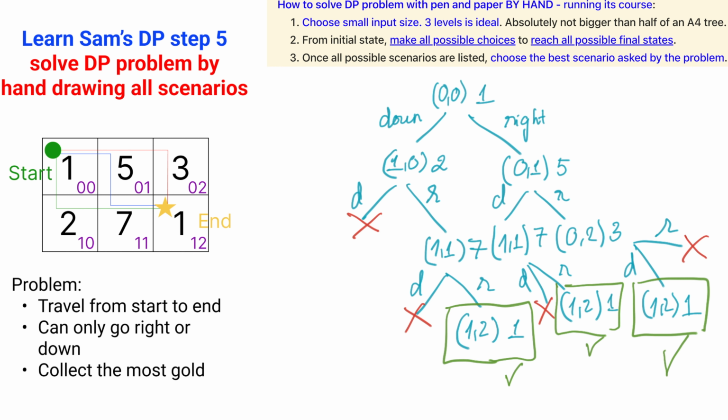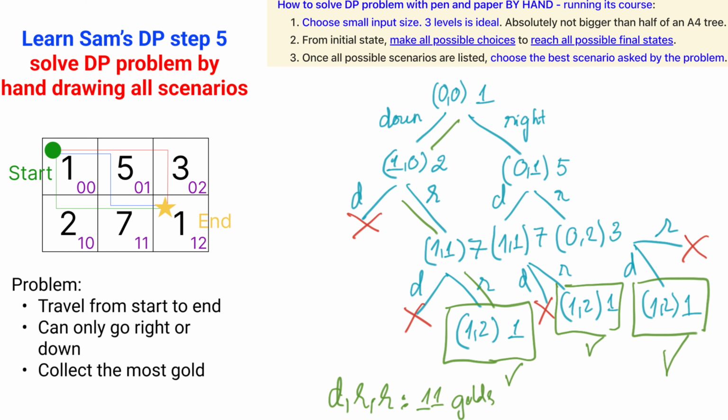The first path going from start to end is this one, and that is down, right, right, which is the green path that we have here. We can collect 1, 2, 7, and 1 goal. That's gonna give us 11 goals.